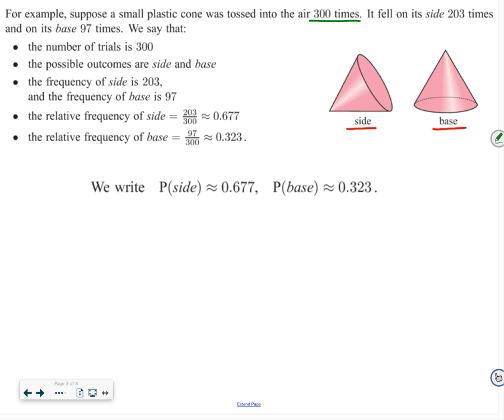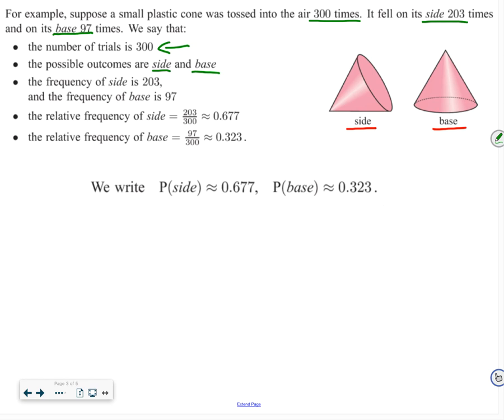We see that it landed on its side 203 times, and on its base 97 times. So the number of trials was 300. The possible outcomes are side and base. The frequency of the side is 203 because it happened 203 times. 97 was the frequency for the base.